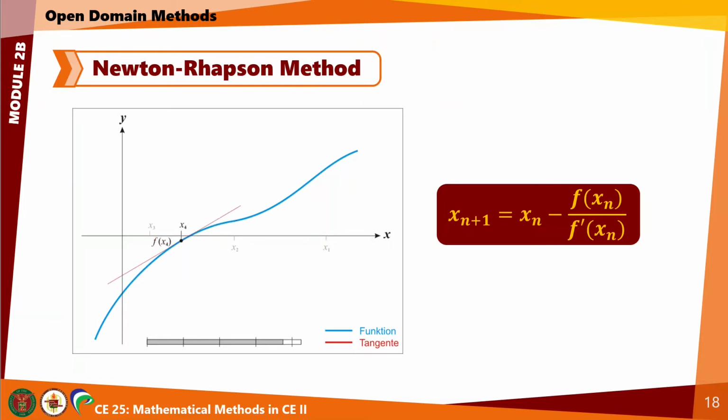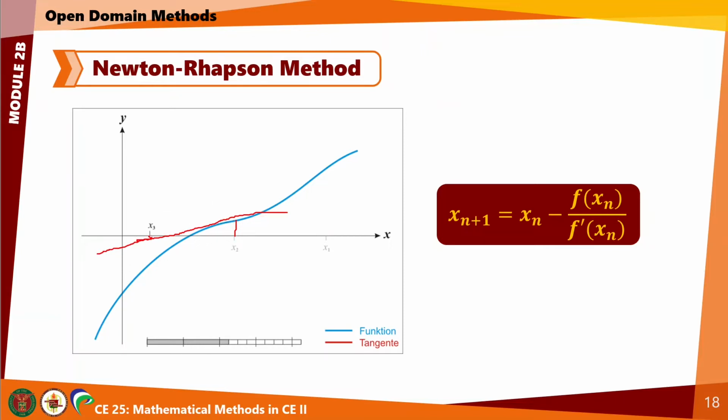Ulitin ko. May initial guess ka, kukunin mo yung value ng function doon. Tapos, drawing ka ng tangent line dun sa point na yon. Tapos kung saan mag-intersect yung tangent line na yun, yun yung next guess mo. And then kunin mo ulit yung value ng function mo dyan sa point na yan. And then draw another tangent line.